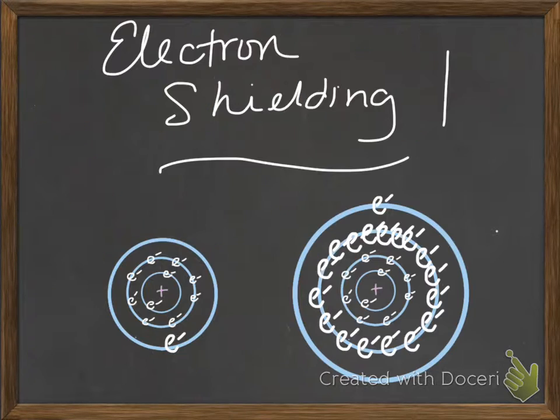As a matter of fact, this is actually called electron shielding. And what it means is that in larger atoms, the more main energy levels that we have between the nucleus and the outermost occupied main energy level, the more those inner shell electrons shield the outer shell electrons from the effects of the nucleus, meaning that they tend to get bigger and fluffier.